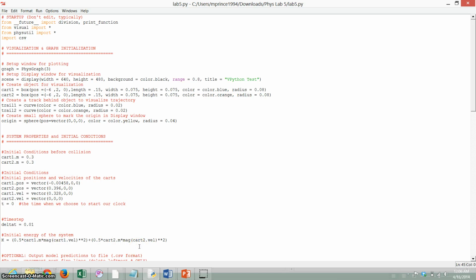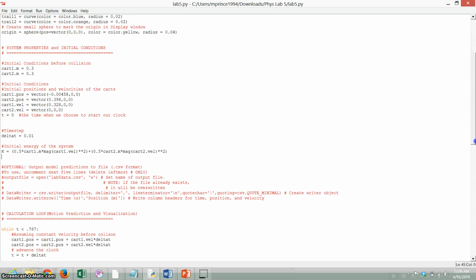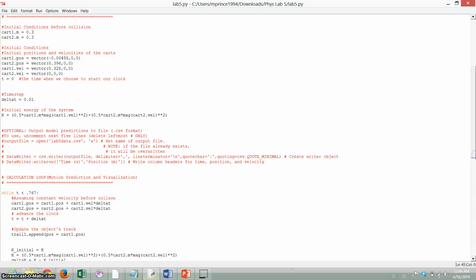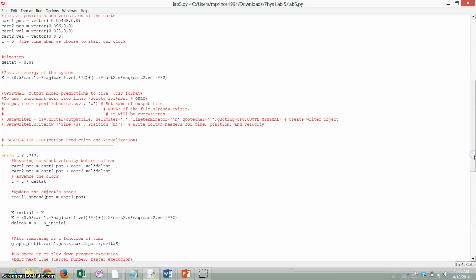While iterating through the first while loop before the collision, I calculated the position of both carts and the kinetic energy of the system, as shown here and here. Then, I followed the same process for the second while loop after the collision.